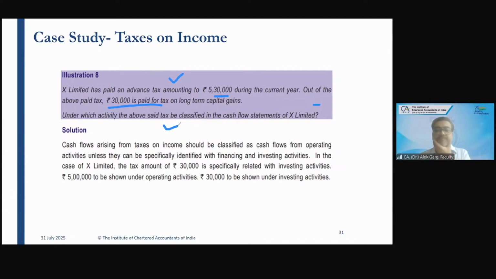Investing activity. 30,000 will be the investing activity, and 5 lakh will be the operating activity. Very good. Is that clear? Yes, sir. Clear.